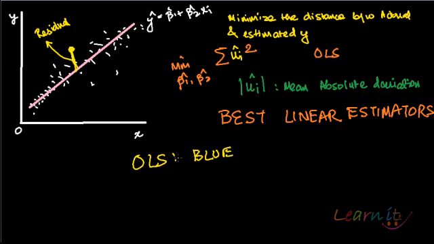In one recording I'll provide the intuition about what BLUE is, and in another one I'll prove that OLS estimators are in fact BLUE. So these are best estimators, these are linear estimators, these are unbiased estimators, under the family of all linear estimators which you have. Okay, thanks.